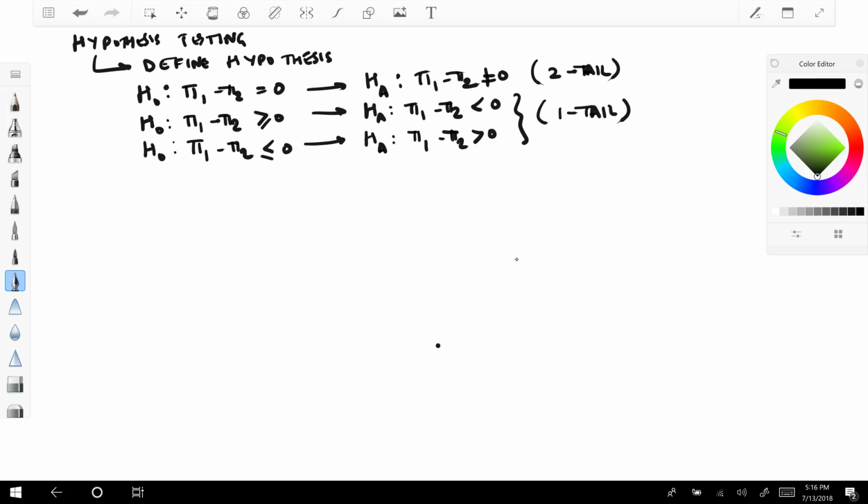normal distribution curve. So the next step would be to compare the test statistic with the critical value.